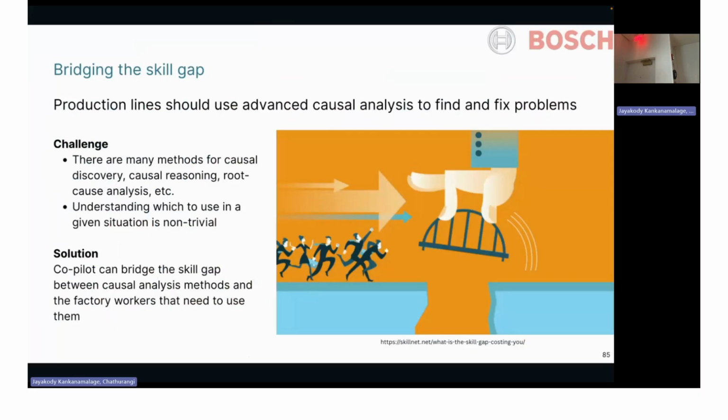And as I said before, the people doing this in factories are just workers on the factory floor, they're engineers. They're not causal experts. There are causal experts like Carson here, but they're not working in the factory, right? So we have this skill gap problem. So we need systems like the CoPilot here to allow people who are actually working in the factory to access and take advantage of all of these causal analysis technologies being developed.